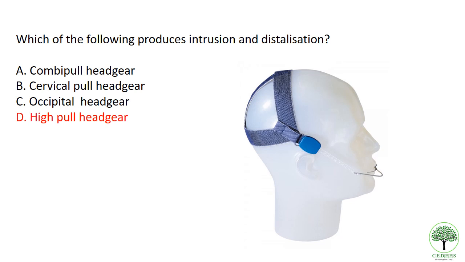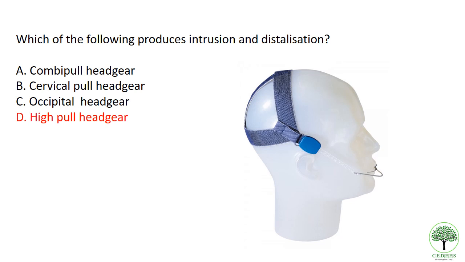Now if you look at the other options, the combi pull headgear is basically a combination of both cervical as well as a high pull headgear, which has a predominantly distalization force. So it's just given in regular class 2 div 1 cases where only distalization needs to be carried out. A cervical pull headgear causes molar extrusion instead of intrusion, so it has distalization as well as extrusion, which is why it's indicated in cases with short face syndrome or short vertical facial height.